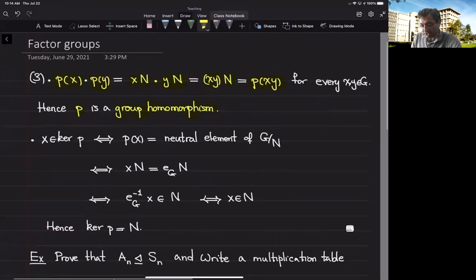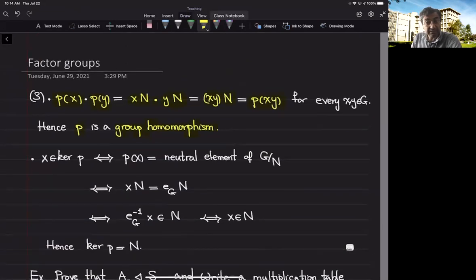Clearly it is surjective because every element in G over N is of the form Xn, and therefore it is of the form P of x. So it is a surjective homomorphism. So let me write this down as well.